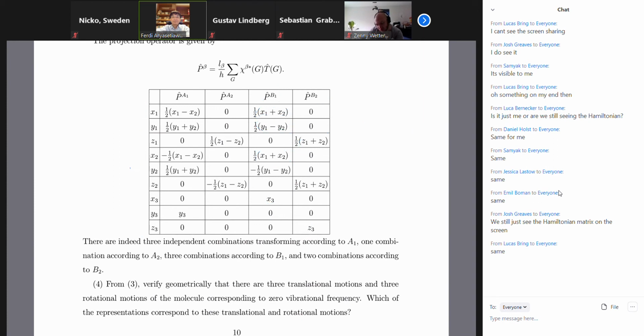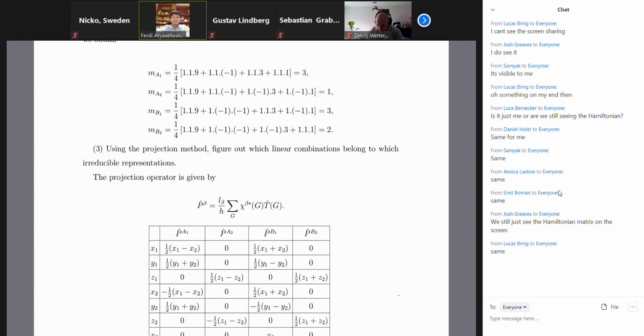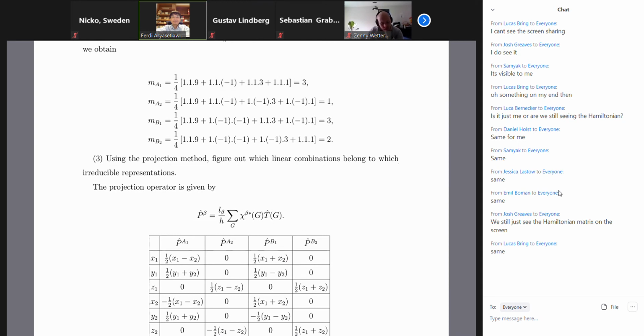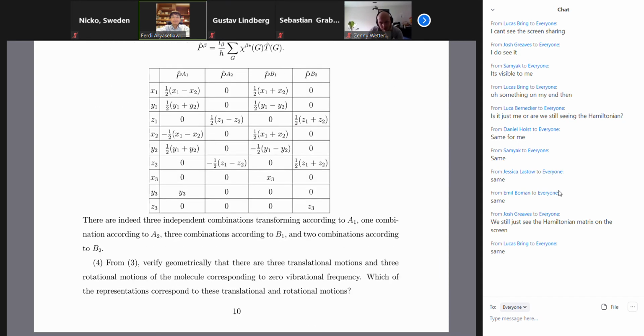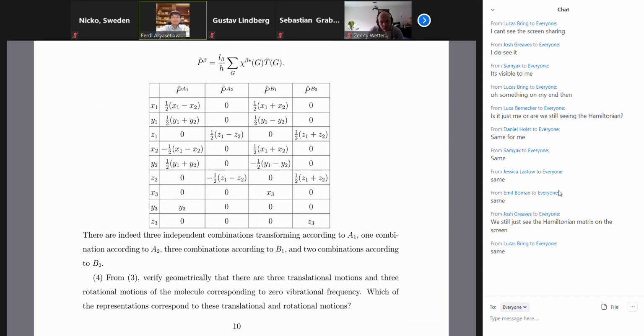So everything so far fits with what we expect. We have this decomposition, and it fits with the fact that we have the same kind of decomposition also for the basis functions.